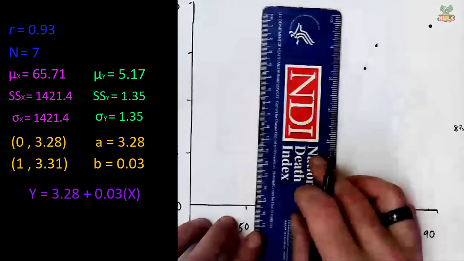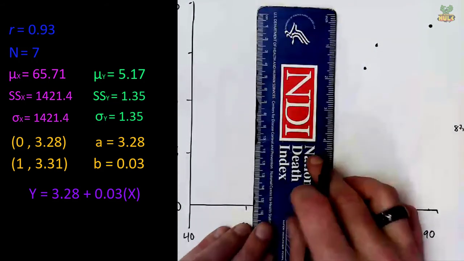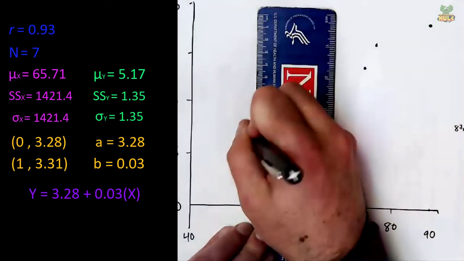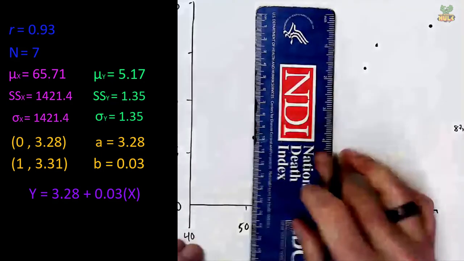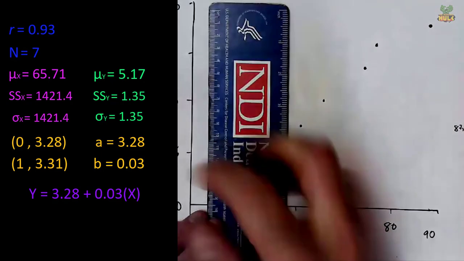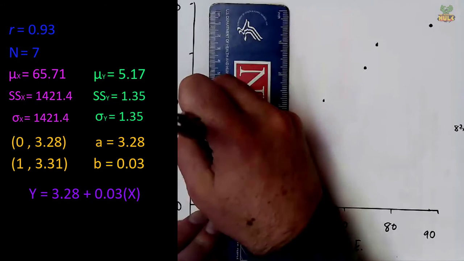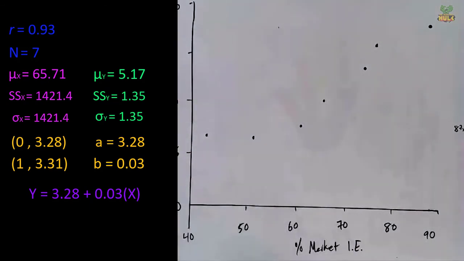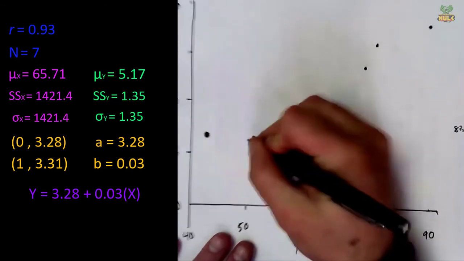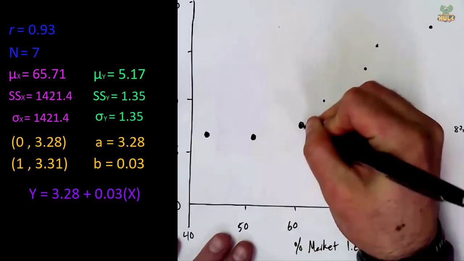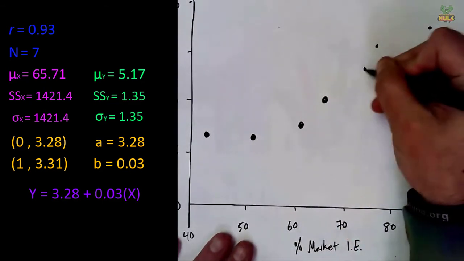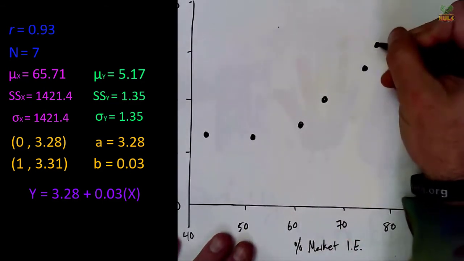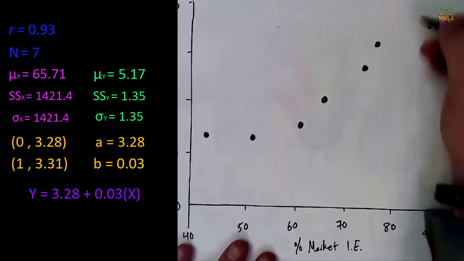And then 51 and 4.71. And 43 and 4.73. All right, and that is our scatter plot, right? You can darken up those dots so that they're super visible. And this one over here.